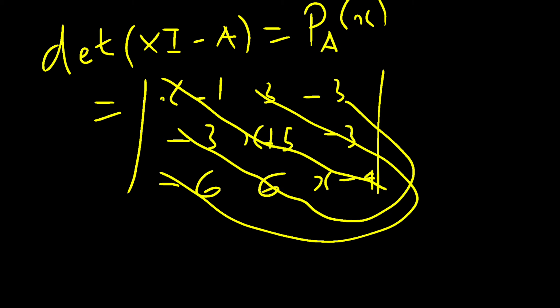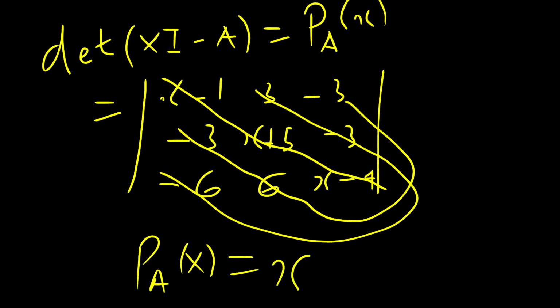If you do this, you get that p of x is actually x cubed minus 12x minus 16. So that is the characteristic polynomial.